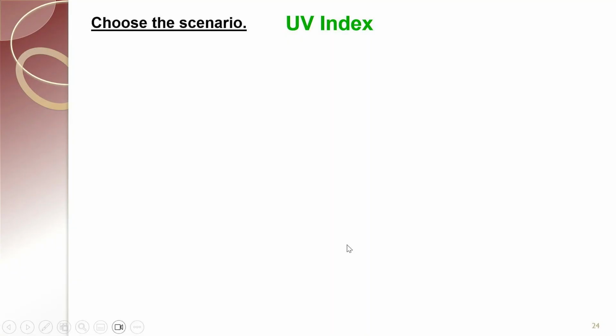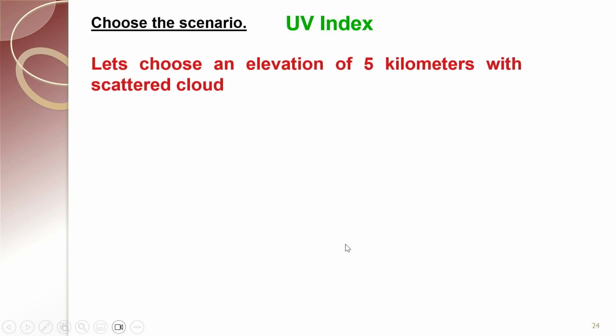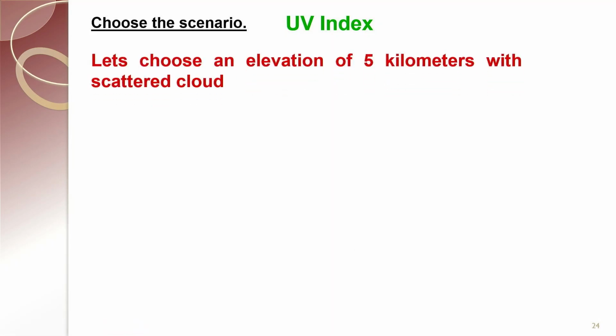Now, let us give one example. Let us choose an elevation of 5 kilometers with scattered cloud. Every kilometer there will be a 6% increase in the UV ray from the sea level.